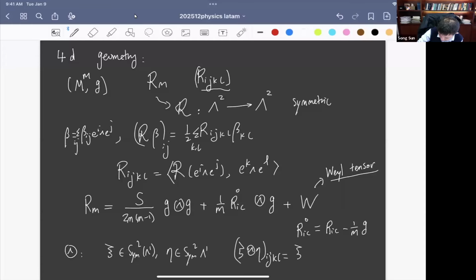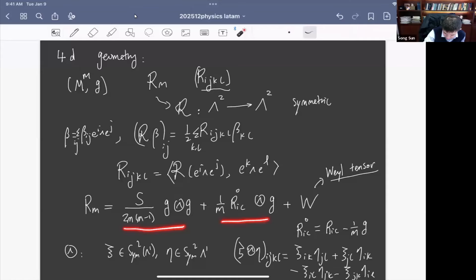It's just ξ_ik η_jl plus ξ_jl η_ik minus ξ_il η_jk minus ξ_jk η_il. So it satisfies the symmetries of a curvature tensor. So it has three parts, and this is in general dimension.